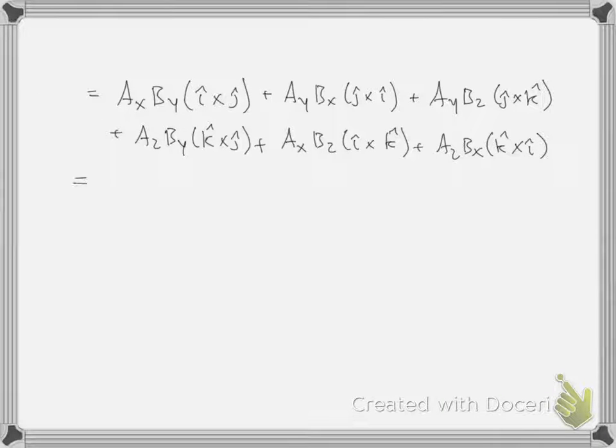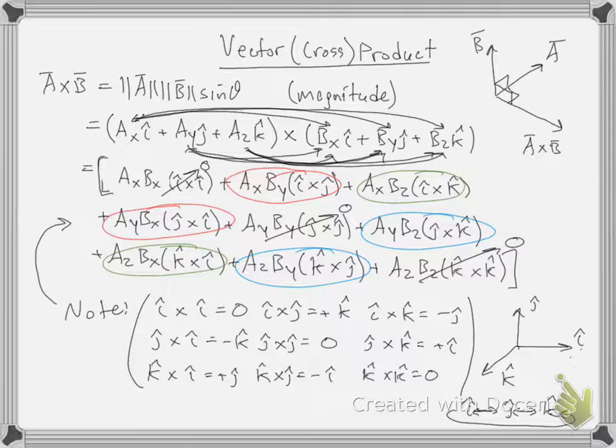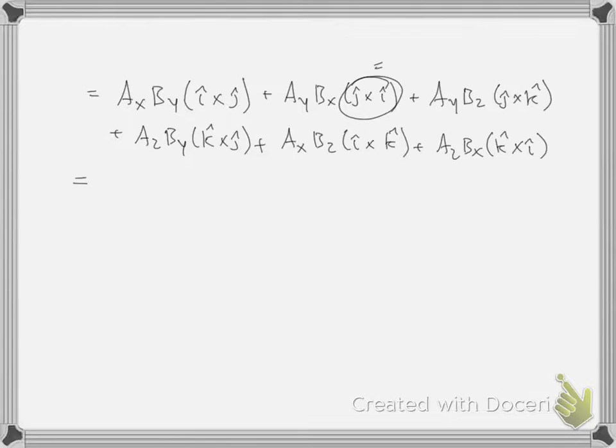Now, right here, the ones that are in reverse alphabetical order, this guy right there, that's equal to what? j cross i, right there. j cross i is minus k. So thus, this is equal to k as well.